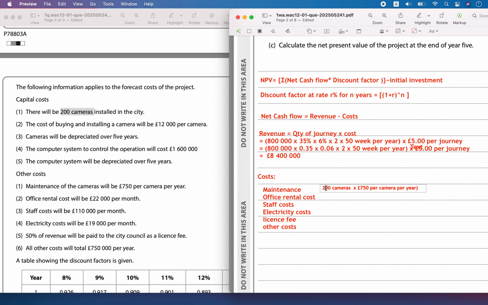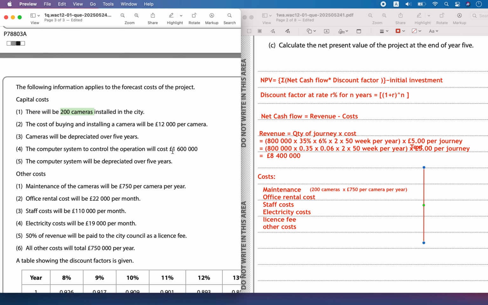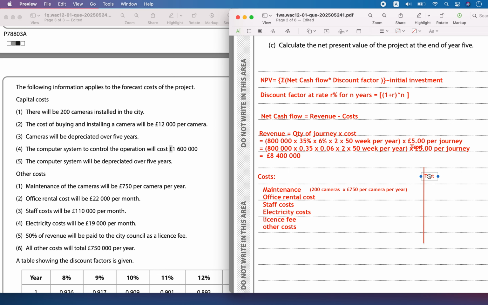So 200 times 750 pounds is going to be equal to 150,000.